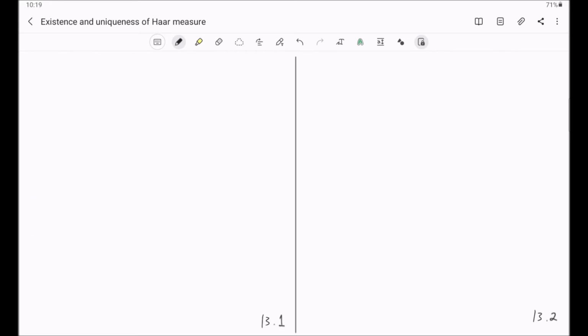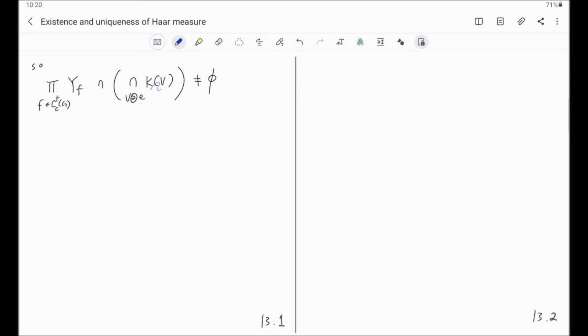What this tells us is that this infinite product of Y sub F's has non-empty intersection with the intersection of all those KVs.